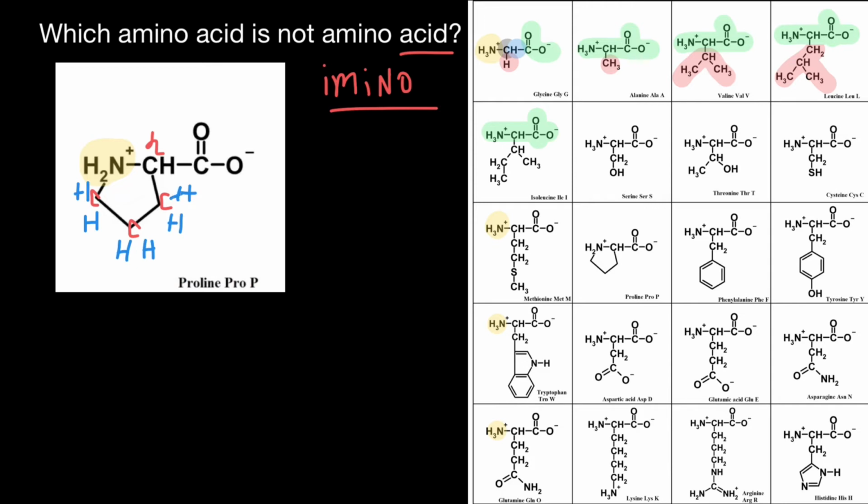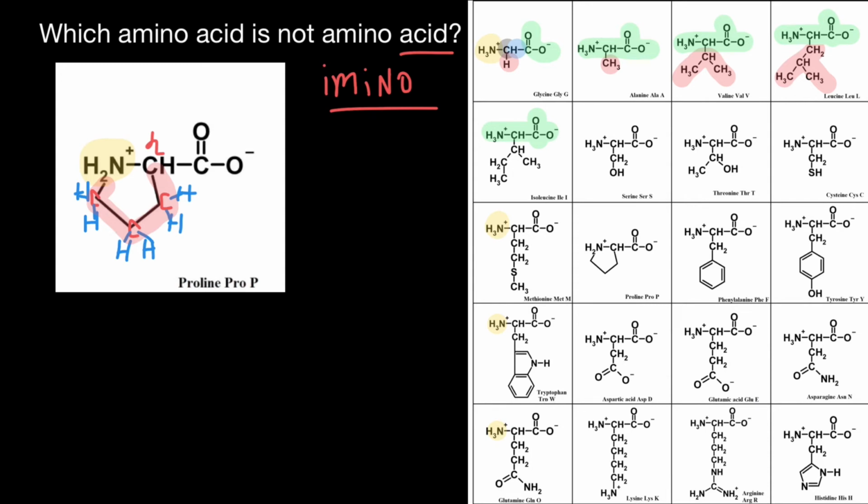Now you see that this side chain consists of only carbon atoms and hydrogen atoms. And this gives us information that this has to be a non-polar amino acid. When the R chain of an amino acid consists of only hydrocarbons, this amino acid is going to be non-polar.